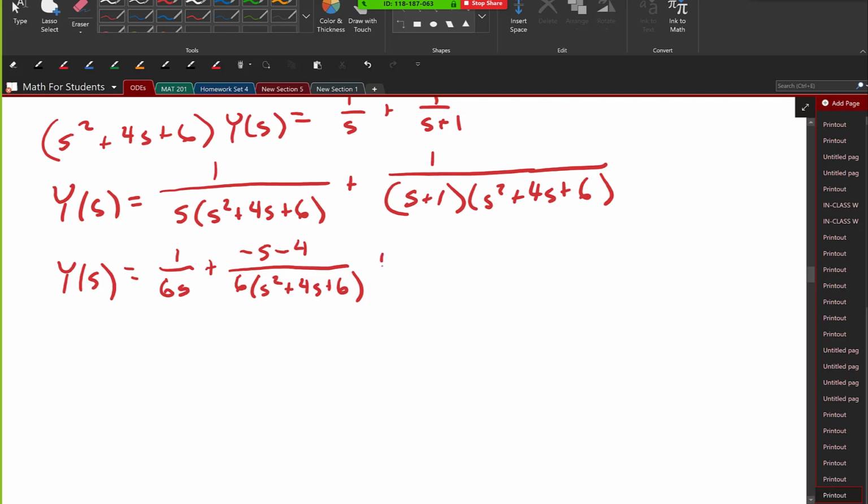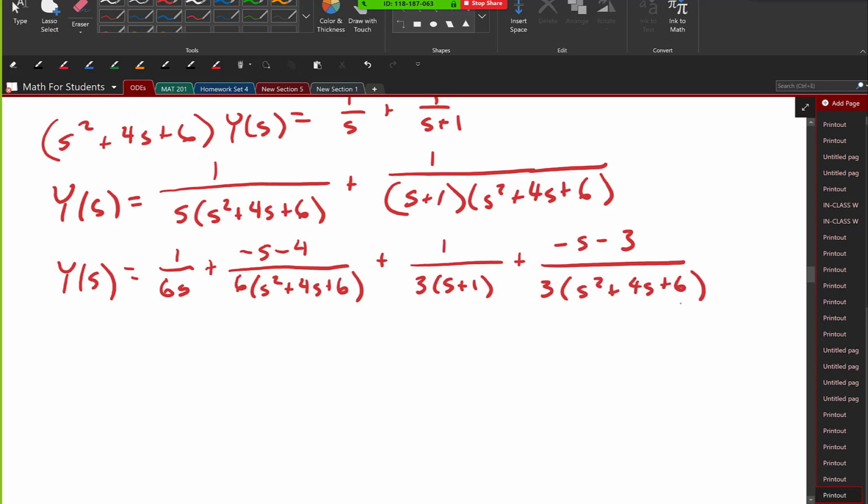And then I asked it to do the second one, and we got 1 over 3 times s plus 1 plus negative s minus 3 all over 3 times s squared plus 4s plus 6. So I'll give you a second to copy that.